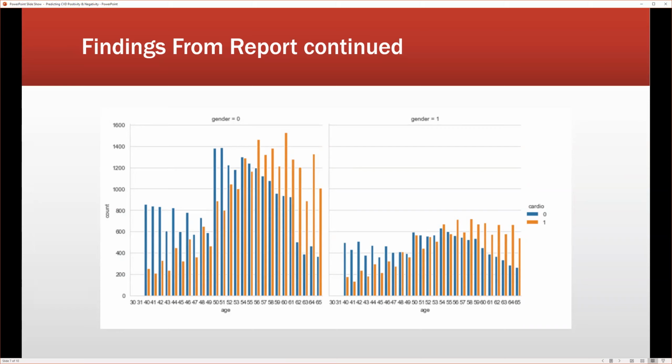So basically, it does make sense that the older you get, the more risk of you actually contracting the disease versus actually reporting negative.